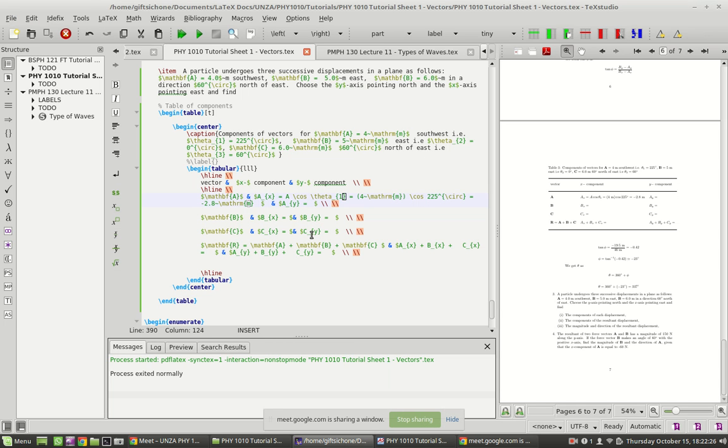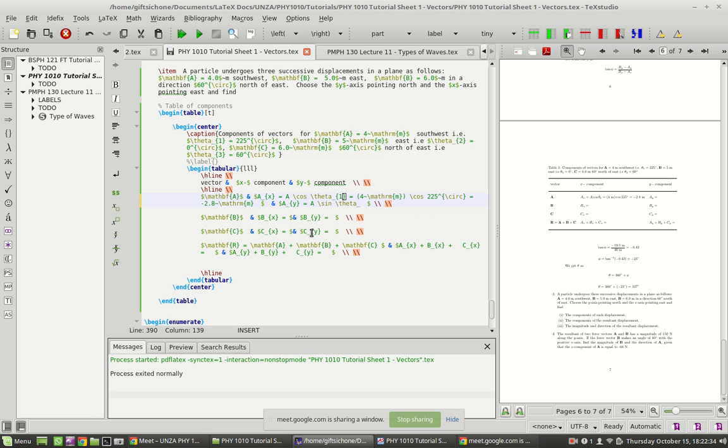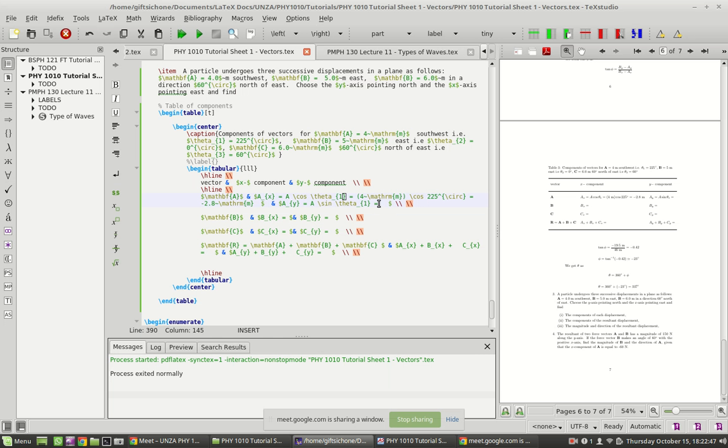Next, AY. How do you find AY? The magnitude of A sine the angle it makes. The magnitude of A is how much? 4 meters.